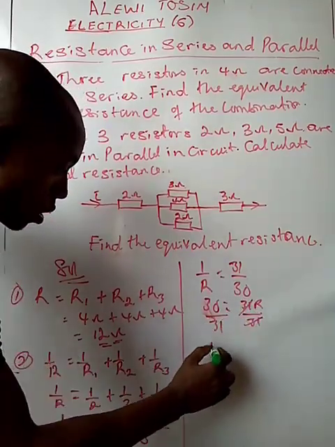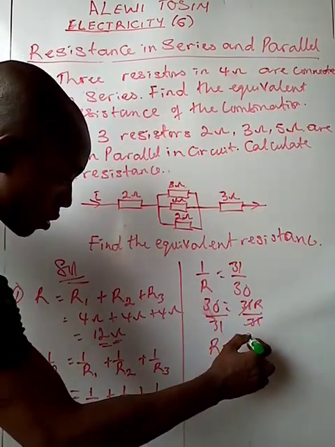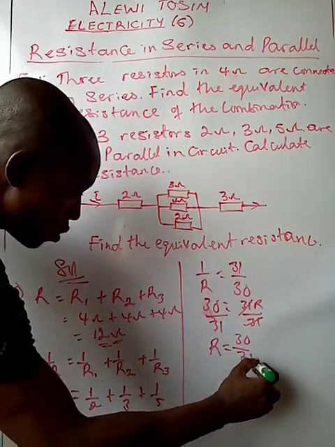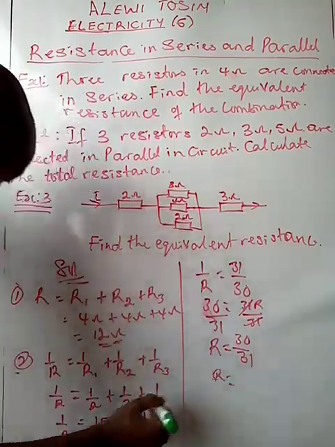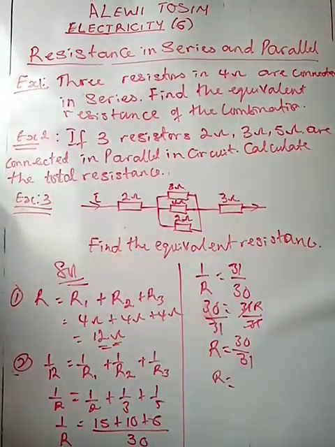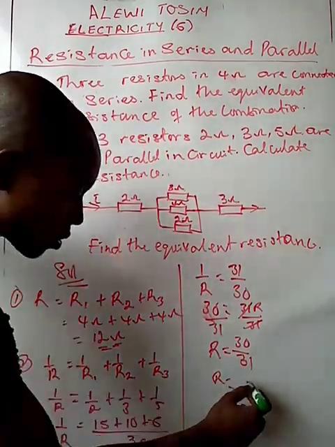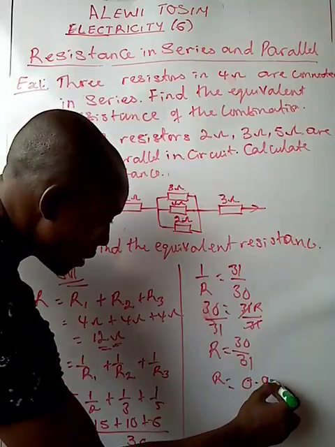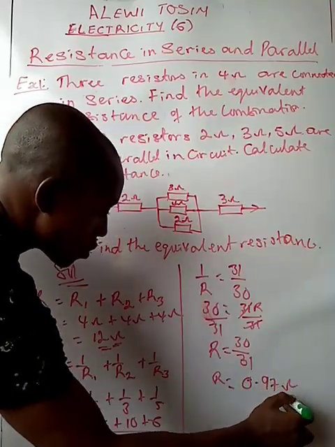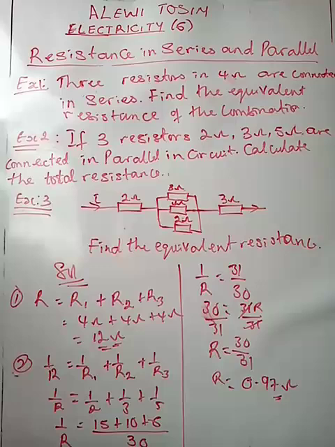This cancels this. Our R will become 30 over 31. Now, in decimal, 30 over 31 will give us 0.97 ohms. That's the equivalent resistance.